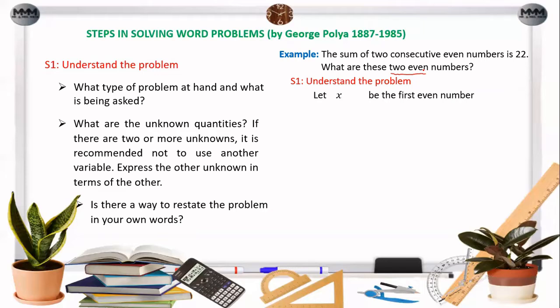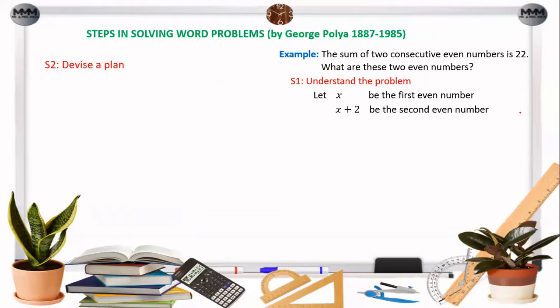Because we are going to find 2 even numbers and we represented already the first even number, that is x, to represent the second even number, it is x plus 2. I discussed how to represent the second even number in part 1 of my previously uploaded video, so please watch it. Here we're done in the first step.